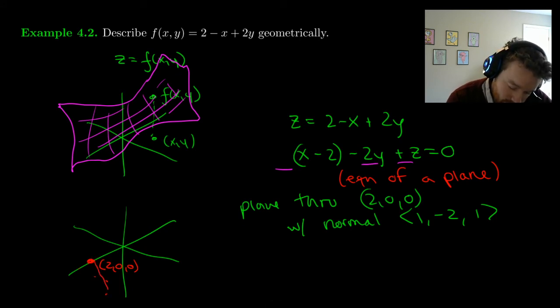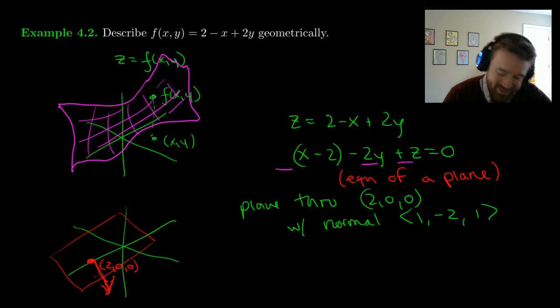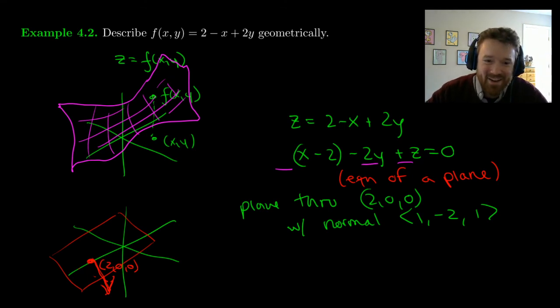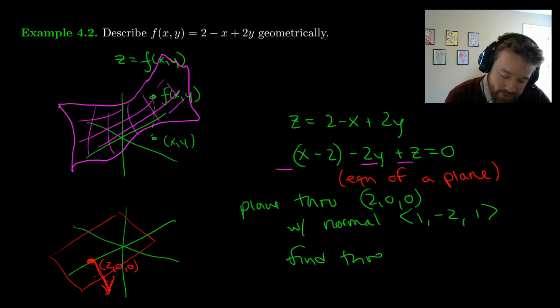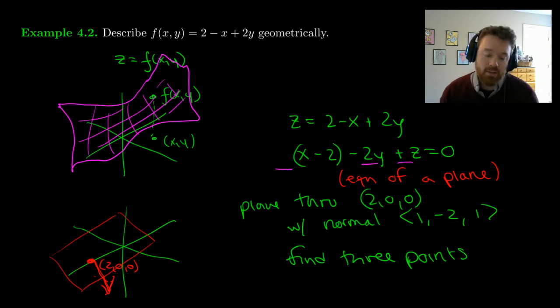And so this should look something like this. I'm not going to try to draw this plane, or maybe I'll give you some really crappy drawing of it. It's not to scale. Another way that we could do this is maybe find 3 points on this. That might be more convenient for graphing purposes, but I really just wanted to know geometrically what this looks like. And geometrically, it's a plane through the point (2, 0, 0) with normal (1, -2, 1).